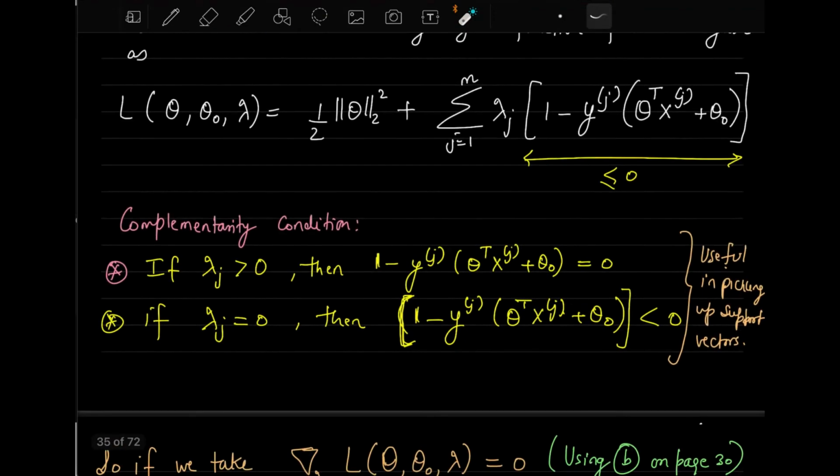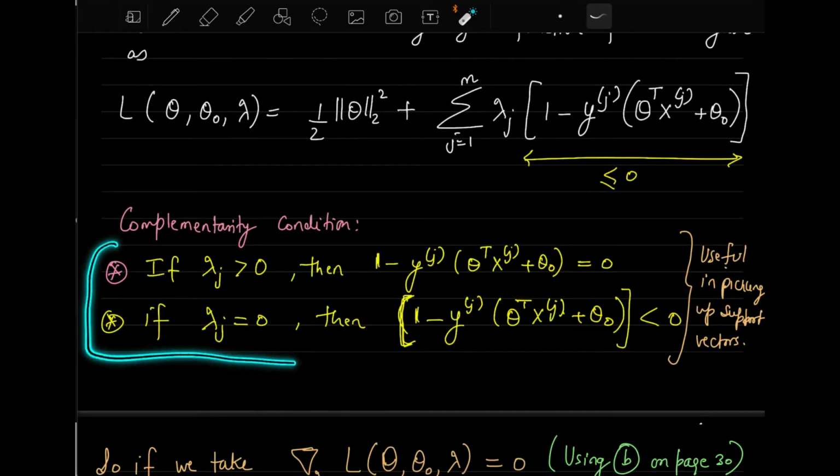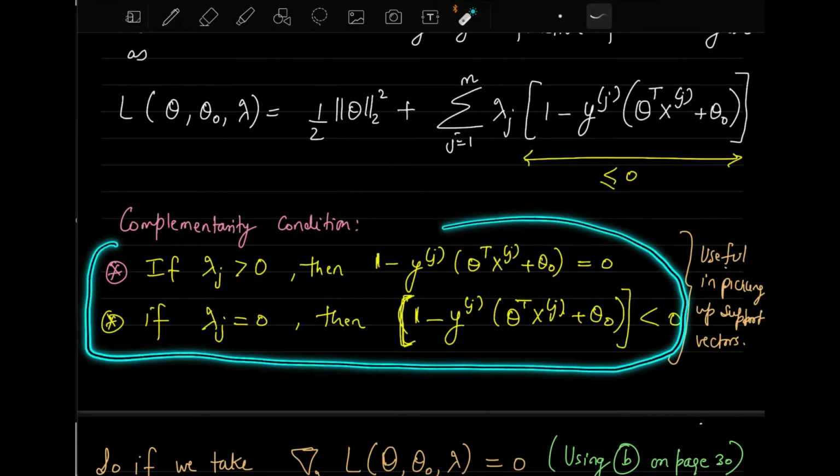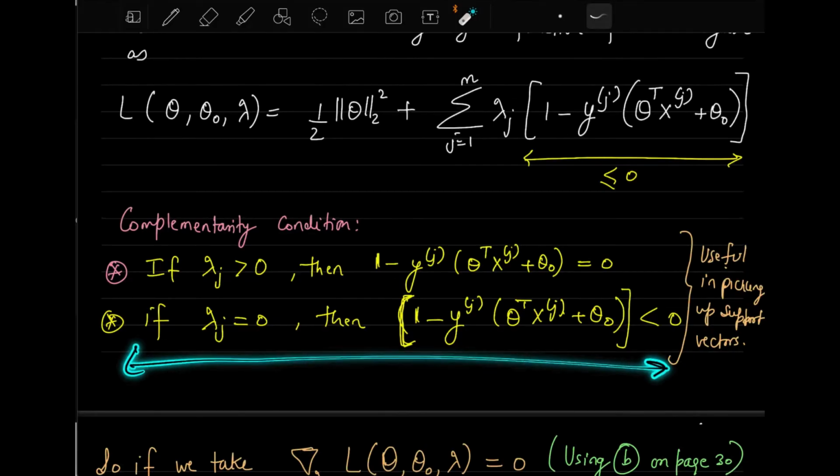So that's why if lambda is greater than 0, this will be 0, and if lambda is equal to 0, this will be less than 0. And again I am telling you, this is one of the important steps in understanding the support vector machines, and it will come later on. So keep this in mind. This is a complementary condition.